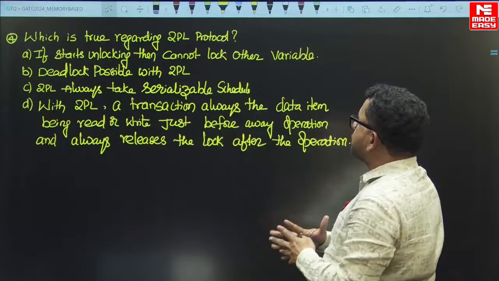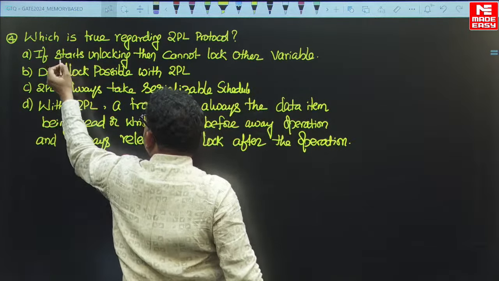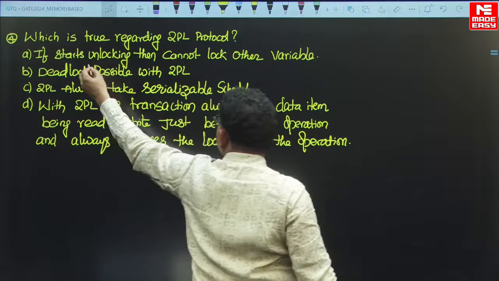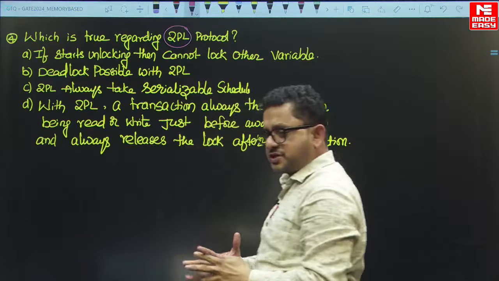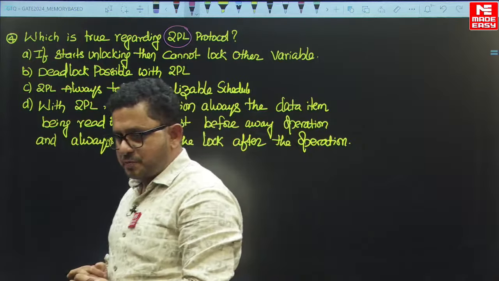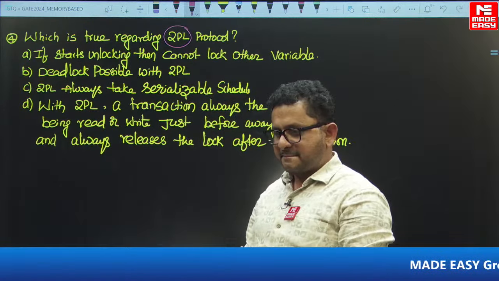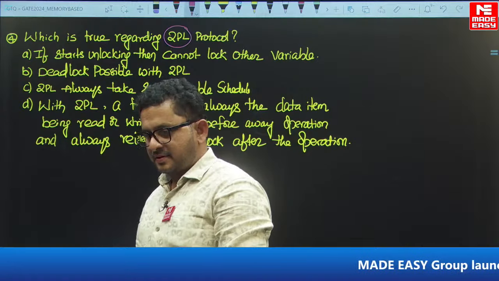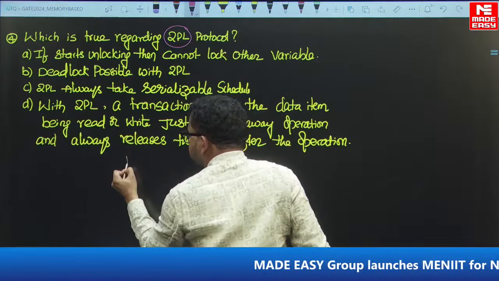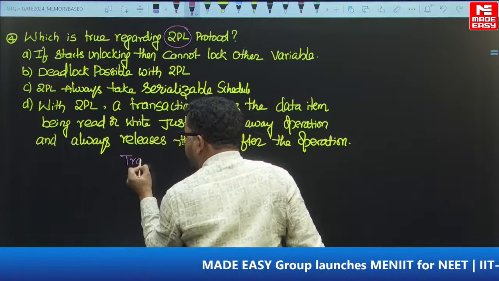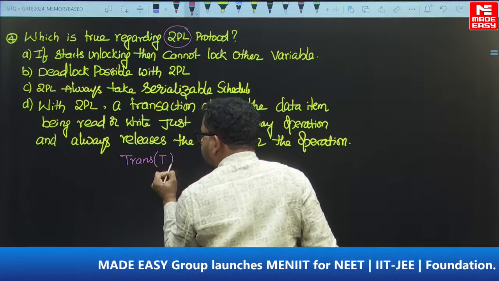Next, another question about the 2PL protocol. Just answer this question about the 2PL protocol. See, a transaction can lock any number of data items in any mode until it makes the first unlock.